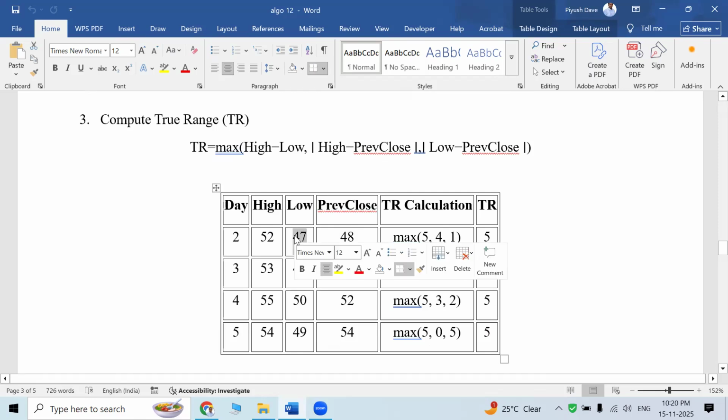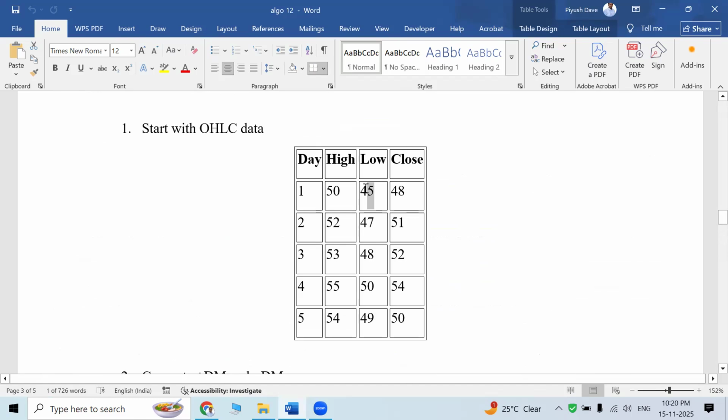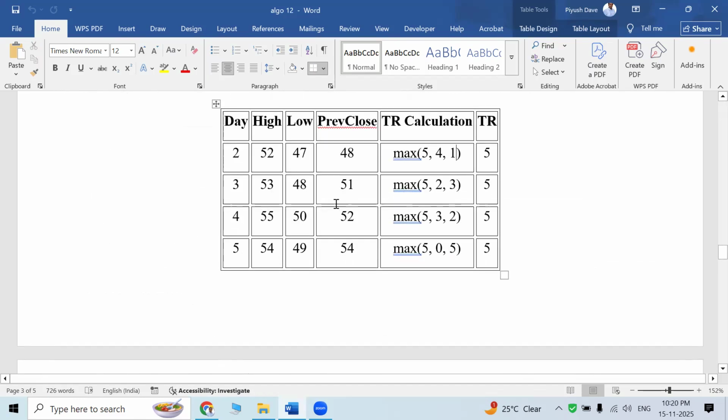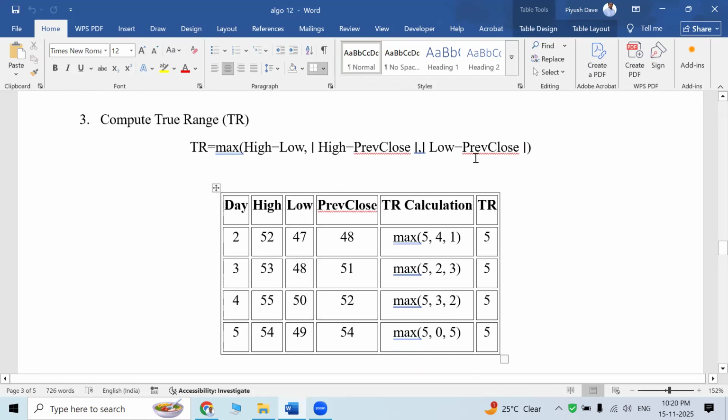So low from here and the previous low we are going to consider from here. Okay, previous close we need to consider, not the previous low. So previous low is 47 minus 48, so 1. Max value from this complete part is the true range.